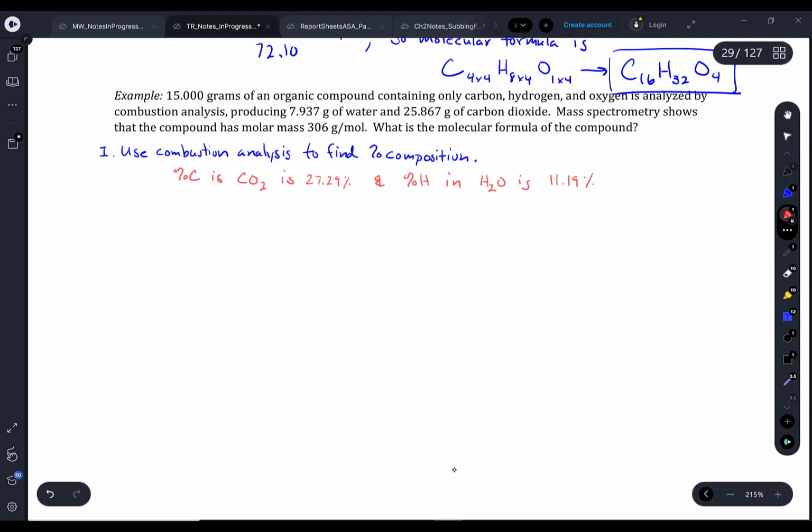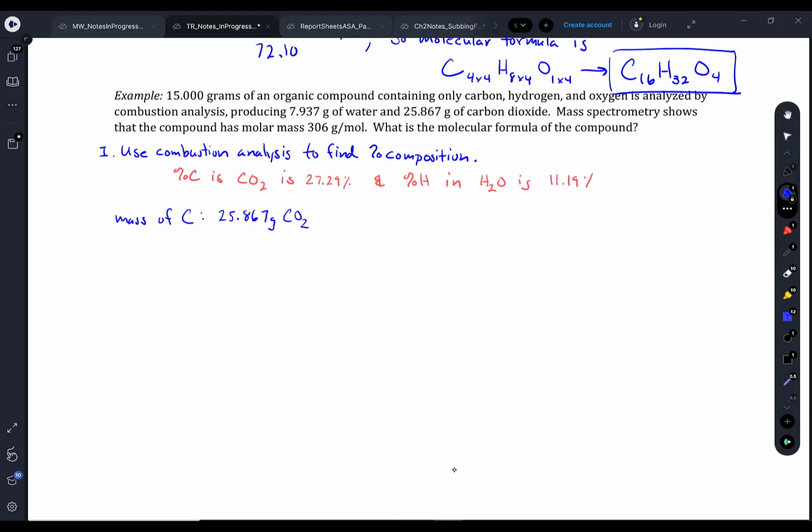Okay, so let's find carbon. So let's find the mass of carbon. So we have 25.867 grams of CO2. So we just want to find how many grams of that is carbon. So we just multiply by the percent.